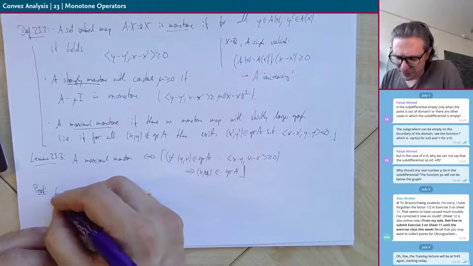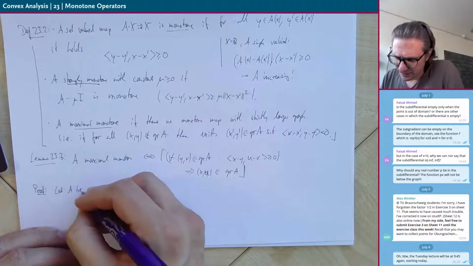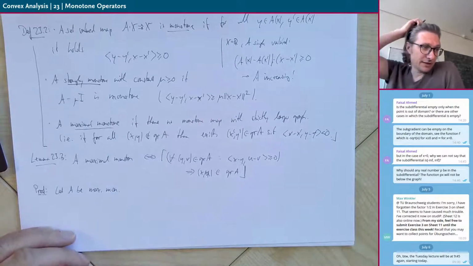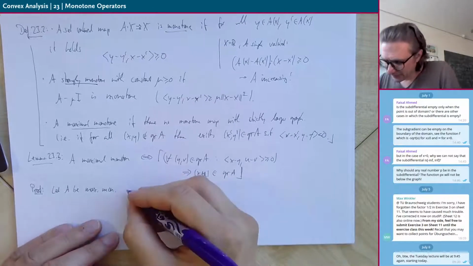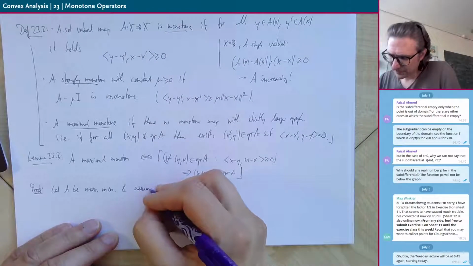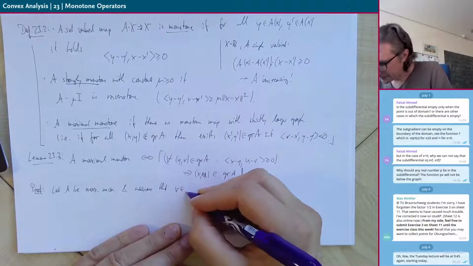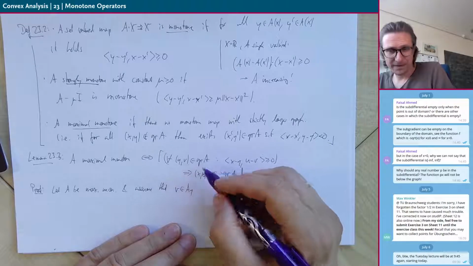So let's start with one implication. Let A be maximal monotone, and assume that v is in A of y, which is this guy here.